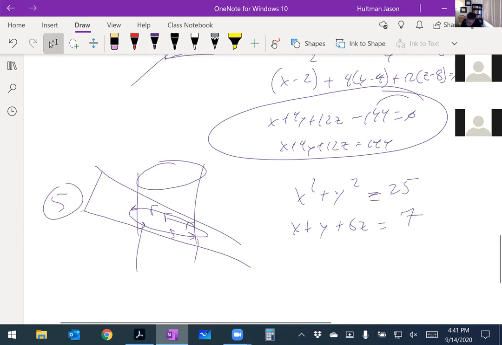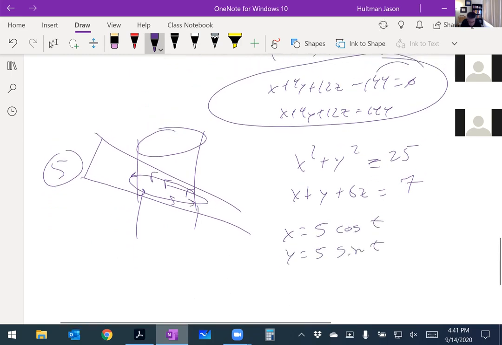What I'm going to do is parameterize x and y. I'm going to say that x is equal to 5 cosine t and y is equal to 5 sine t. I'm going to solve the plane for z, z in terms of x and y, because that's going to be my f of x, y.